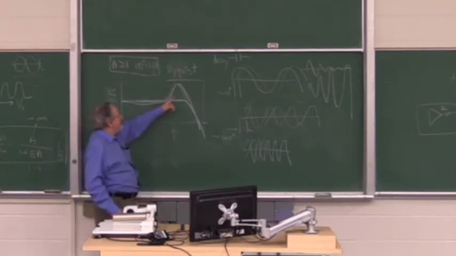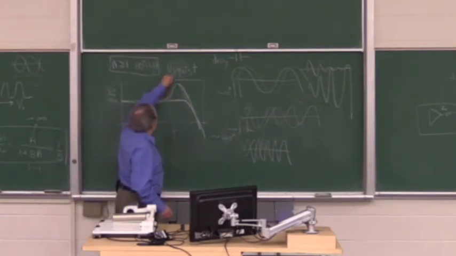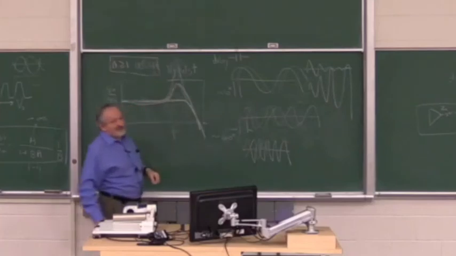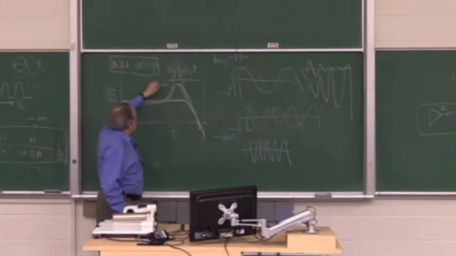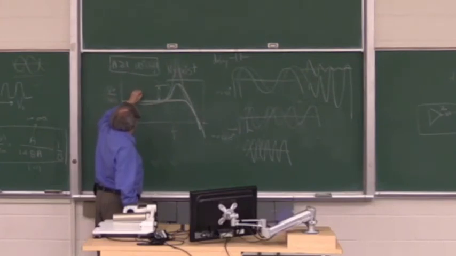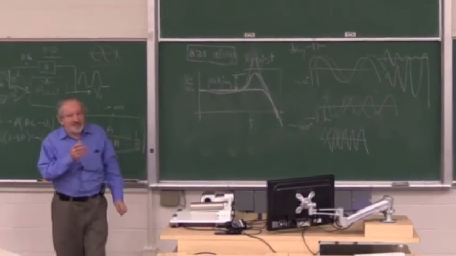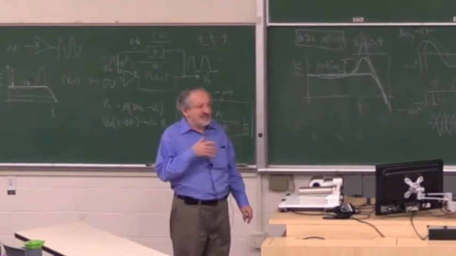Because if something changes, it can become this and oscillate. This thing in telecom is called peaking, from the word peak, and it gives you an idea how close you are to problems in a servo system.